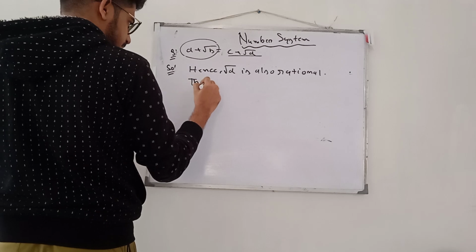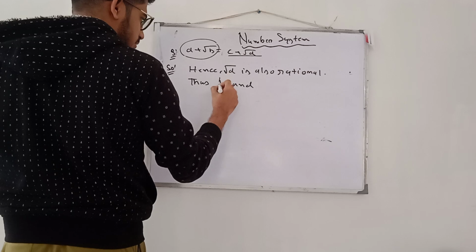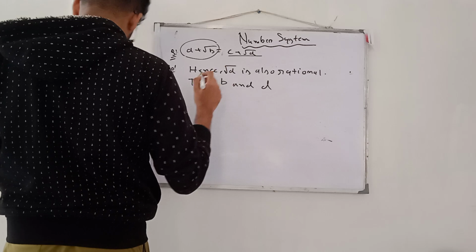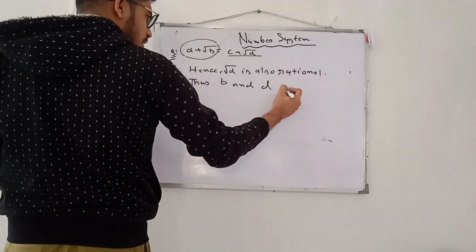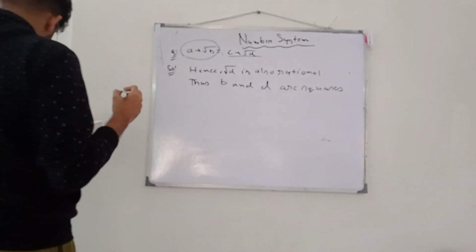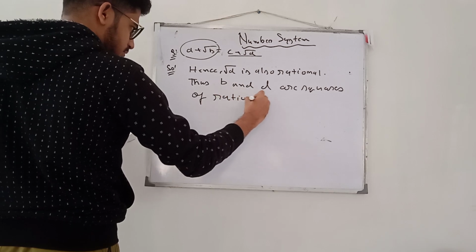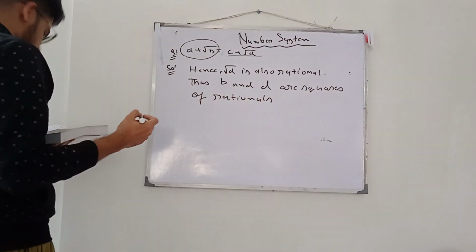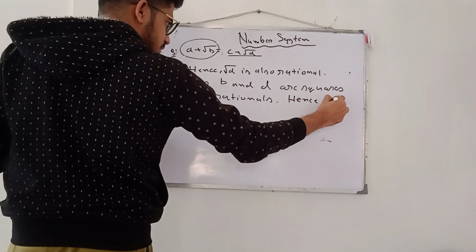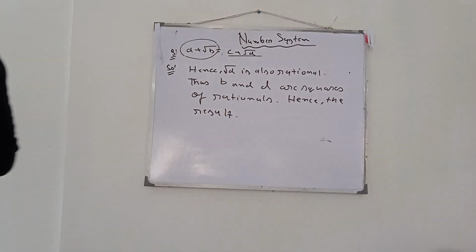Thus b and d are squares of rational. Hence the result. Okay? Hence the result.